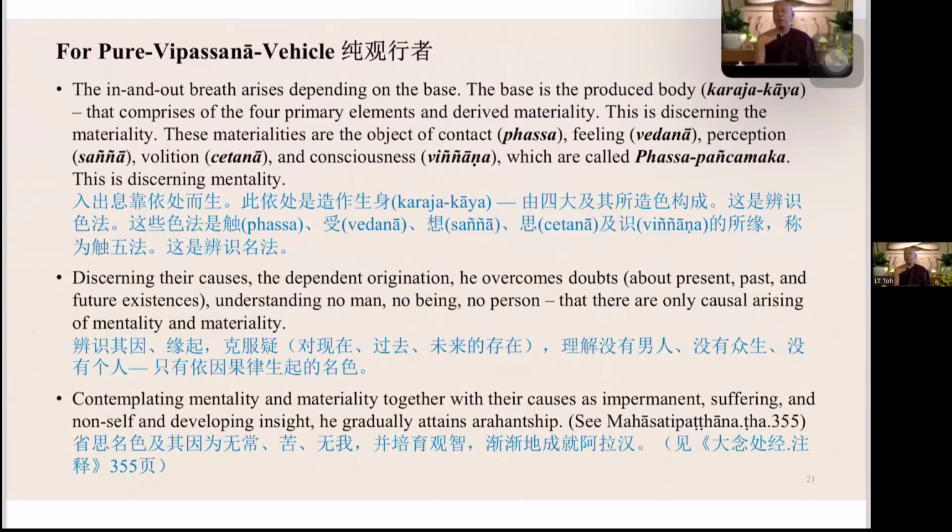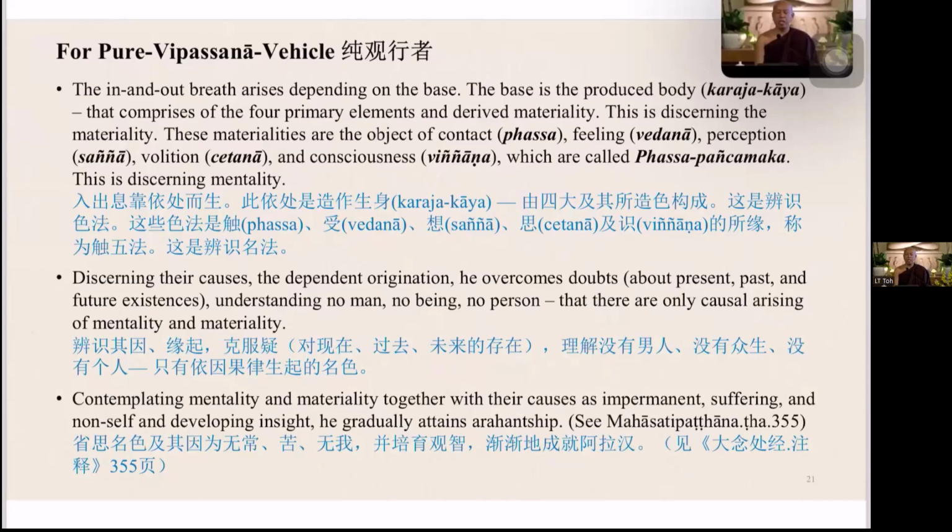So as we have mentioned in 4 elements, we don't see as a body, we just see 4 elements. Similarly, after discerning cause-effect relationship, we just know everything is a cause-effect relationship. We don't see as a body or human being or anything. Then contemplating mentality and materiality together with their causes as impermanent, anicca, suffering, dukkha, and non-self, anatta. Developing insights, you can gradually attain arhatship.